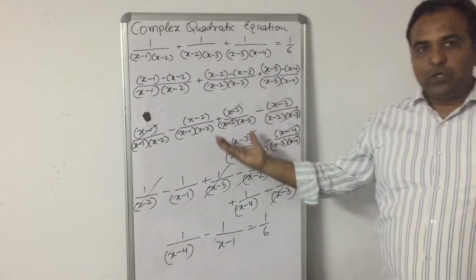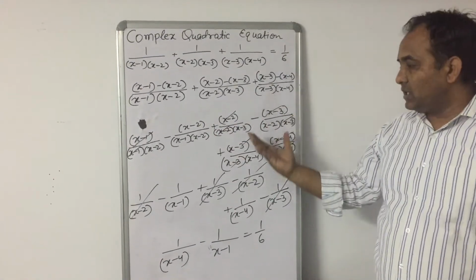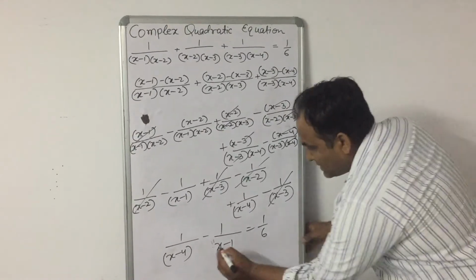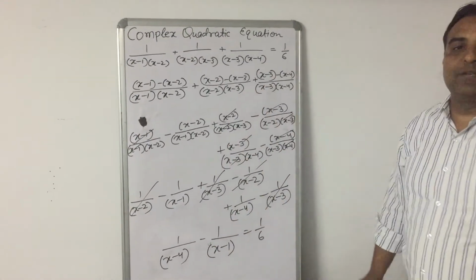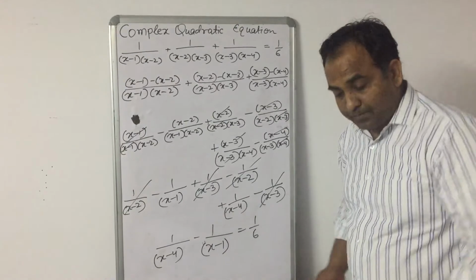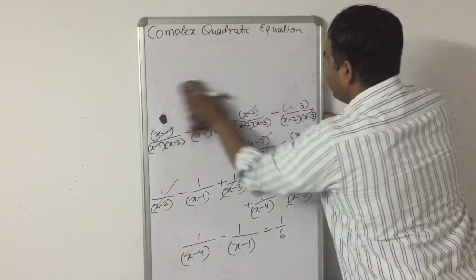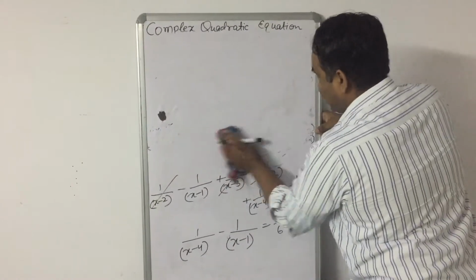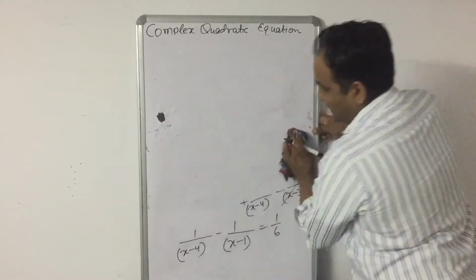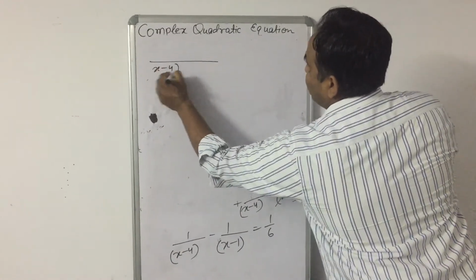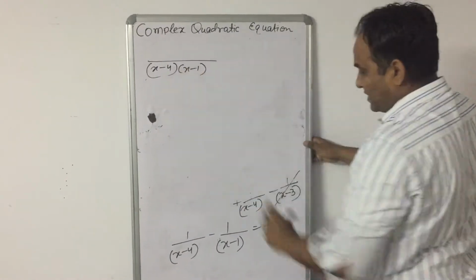As you can see, using this different method, we have simplified the whole complex statement into a very simple statement. Now we can take the LCM. Taking LCM, I'll be getting (x minus 4)(x minus 1).